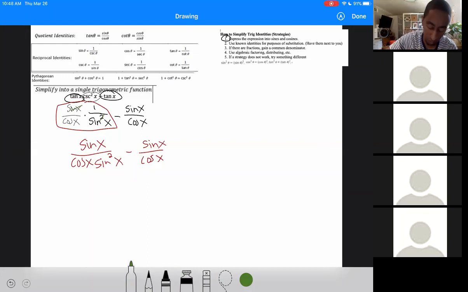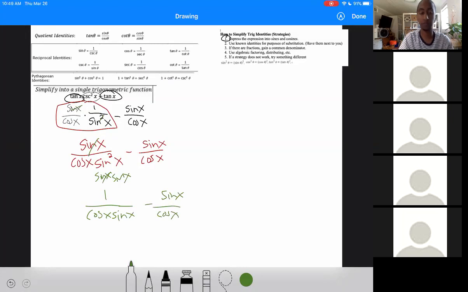Or you can just write it out if you need a visual, sine of x, and then cross it out, whatever way works for you. And then at the top, we'll have a 1 times cosine of x, sine of x, minus sine of x over cosine of x. So this just simplifies it for us a little bit.